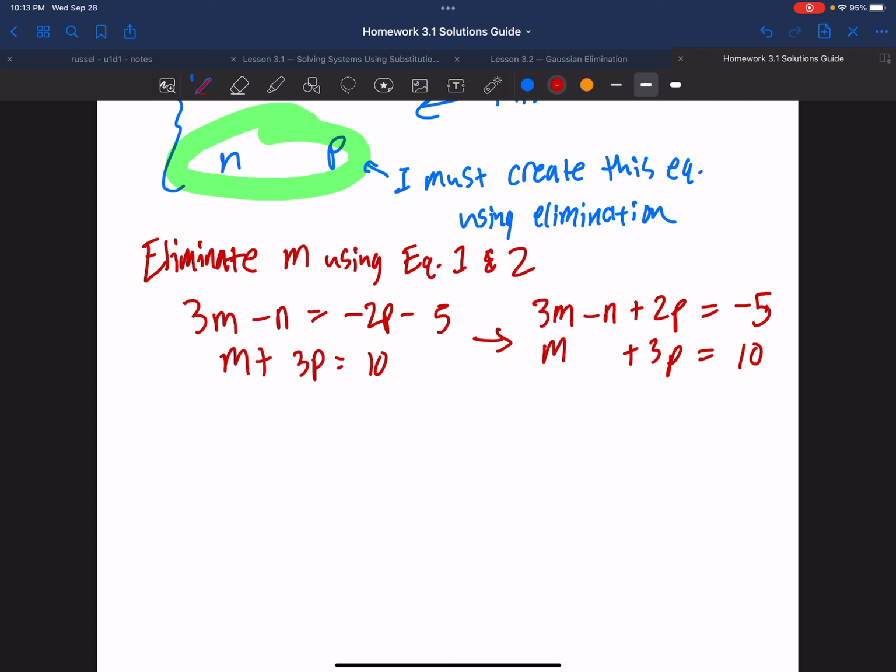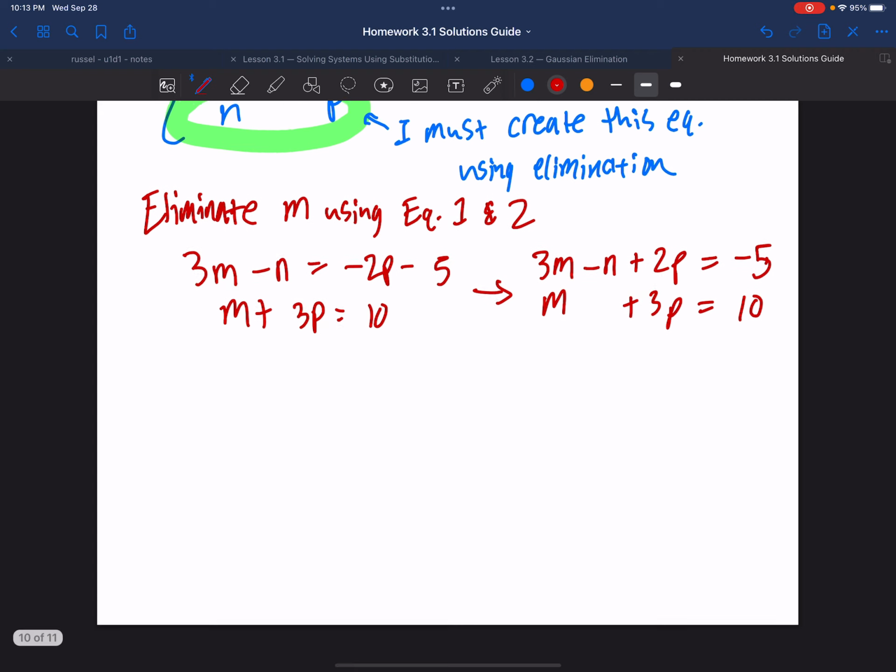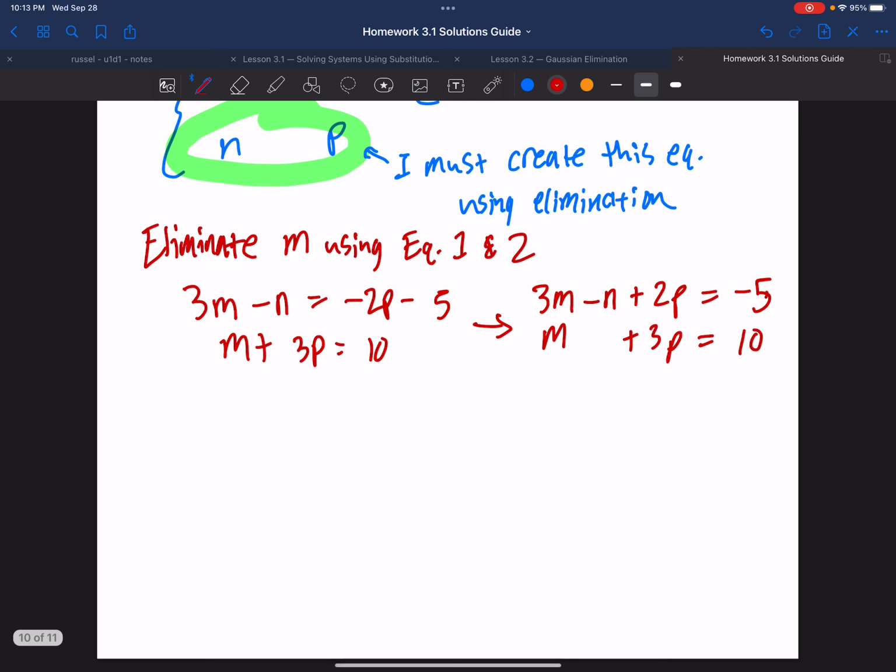But I want to cancel the m's, right? So let's multiply by negative 3. That way I get negative 3m to cancel that out.